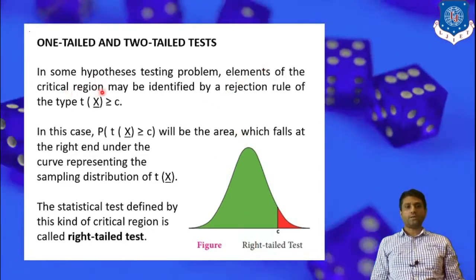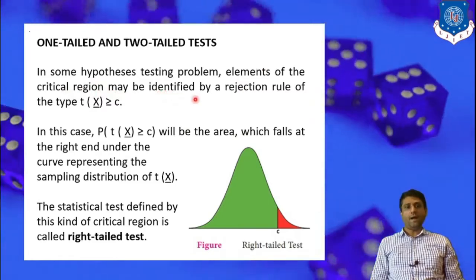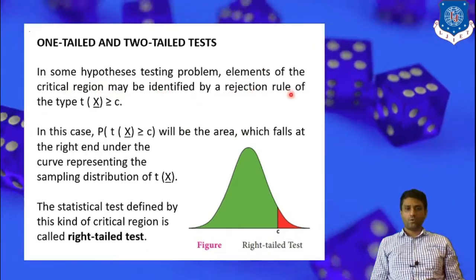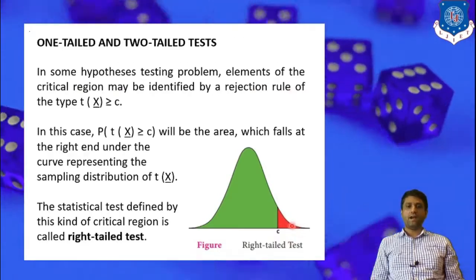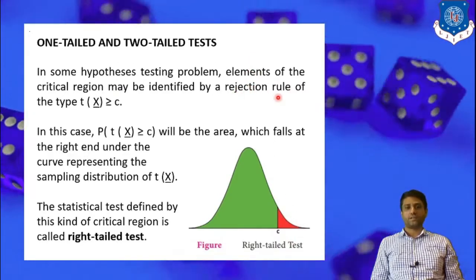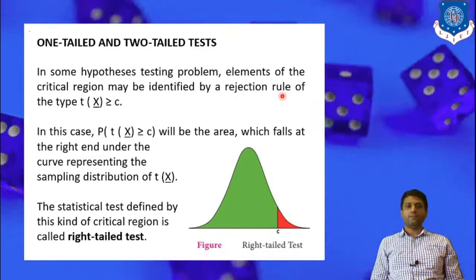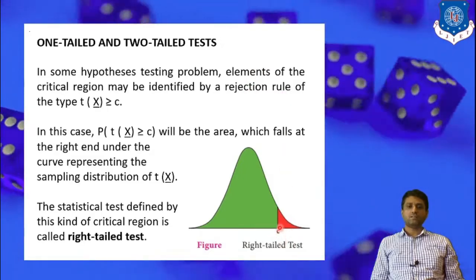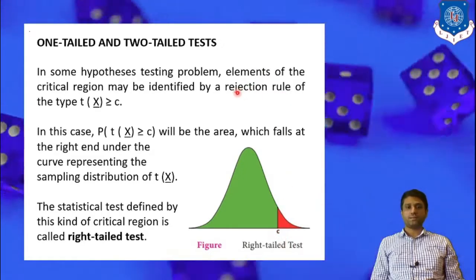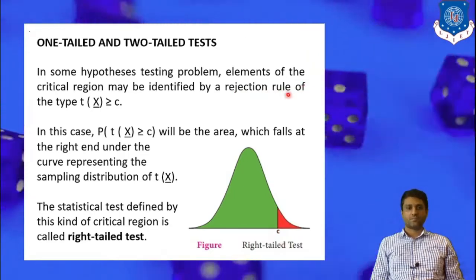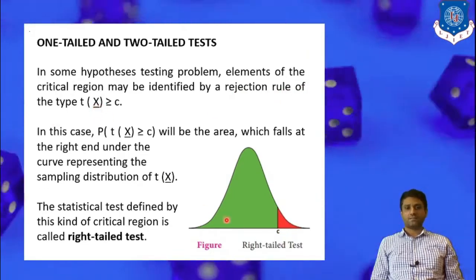So elements of the critical region may be identified by a rejection rule. This shaded red highlighted area is known as the rejection region. If our random variable lies in this position, then we say that our hypothesis is rejected. So the random variable x is lying in this particular region.